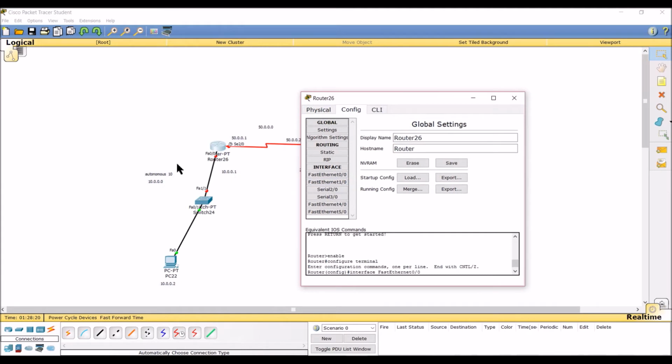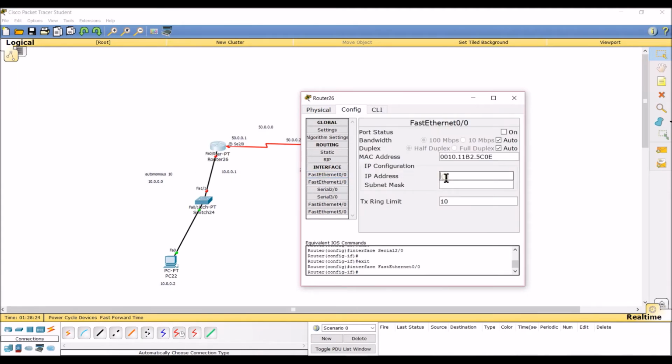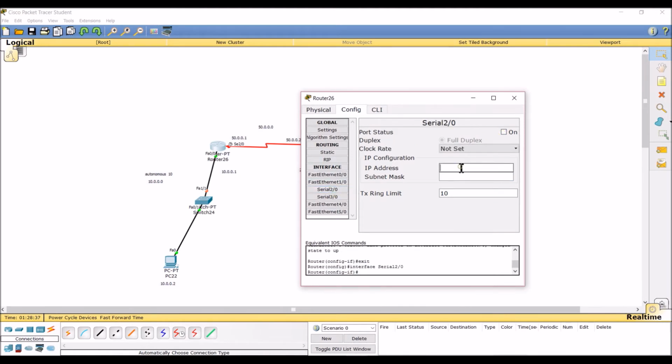Okay, let's configure this router. FastEthernet 0/0 IP address is 10.0.0.1, and subnet mask is 255.0.0.0, as it is in the class A network. Turn it on. Now serial port 2/0, IP address is 50.0.0.1, and subnet mask is this.